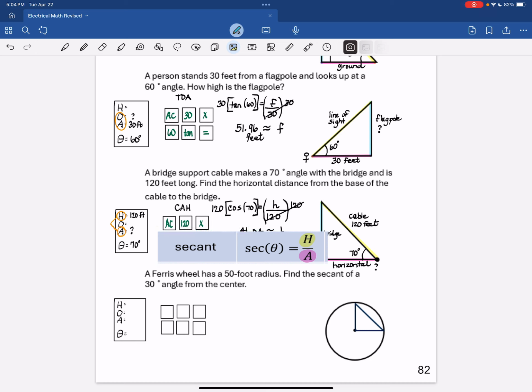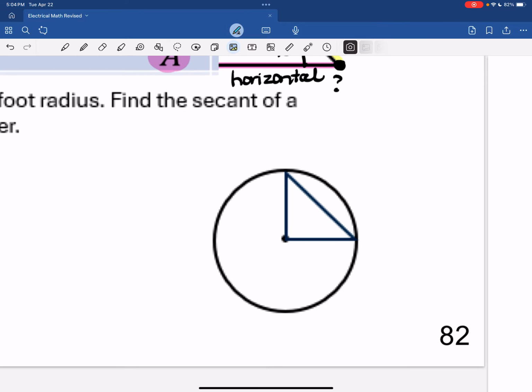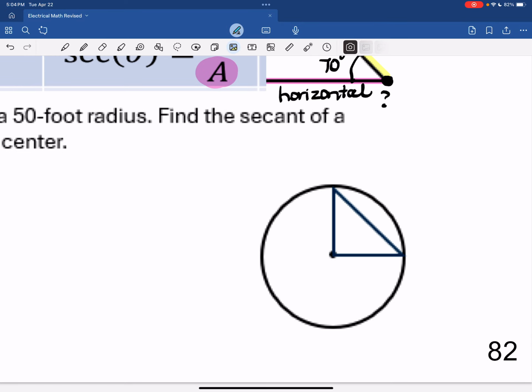A Ferris wheel has a 50-foot radius. So first of all, let's get a really good grip on what we're talking about here. If this is a Ferris wheel, like you might find at Dollywood, you get on and the Ferris wheel turns around an axis. It turns around a fixed point, that is the center.